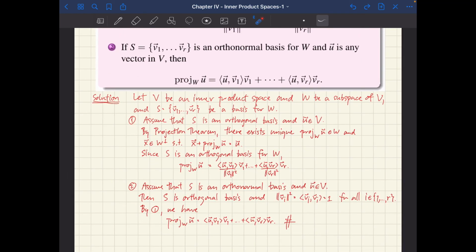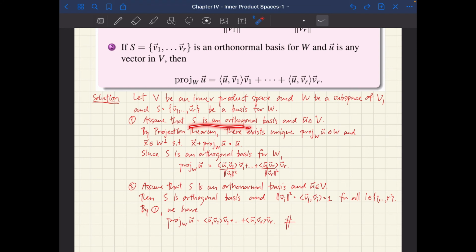For number one, we assume that S is an orthogonal basis for W, and we let u be any vector in V. By the projection theorem, there exists the projection vector of u on W, which is an element in W, and some vector x in W perp such that x plus the projection of u on W equals u.